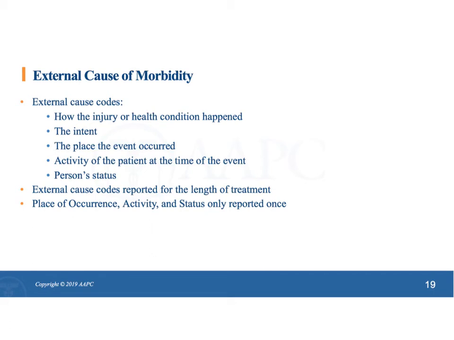No external cause codes are needed if the cause and intent are included in a code other than Chapter 20, such as T36.0x1A, poisoning by penicillin, accidental, unintentional, initial encounter.